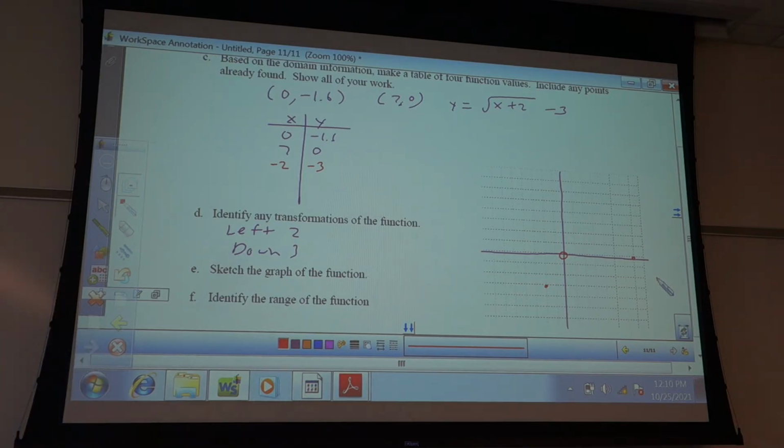Graph in the other, oh, no, it's a square root, so it's a swish. From here, what are the other 4 points?